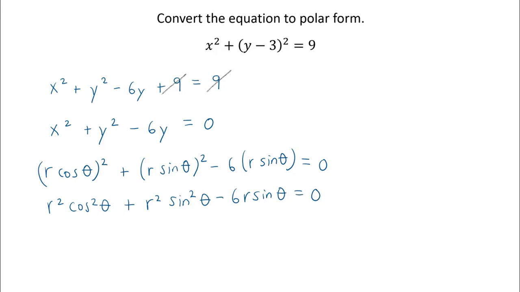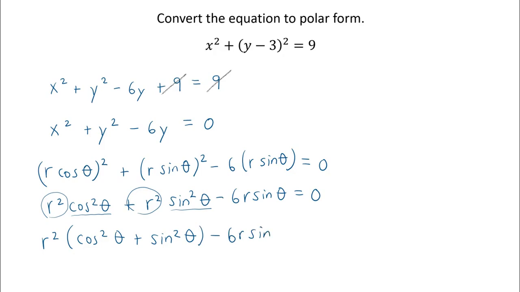Now here in my first two terms, I notice I have a cosine squared theta plus a sine squared theta. And each of those terms have a factor of r squared. So I'm going to factor out an r squared from each of those first two terms. We'll have r squared times cosine squared theta plus sine squared theta minus 6r sine theta.